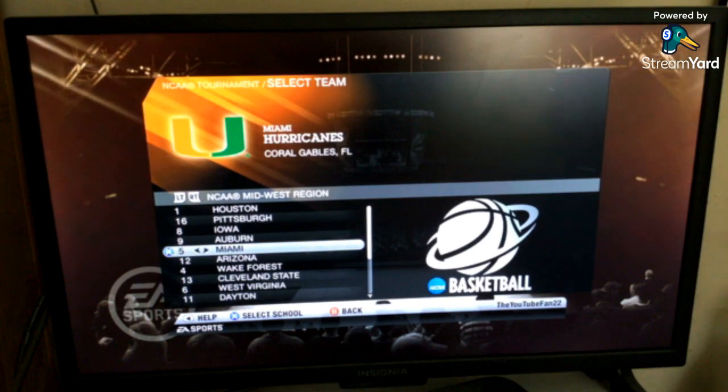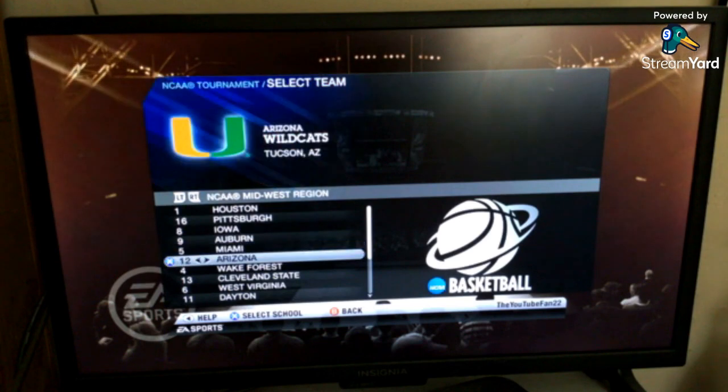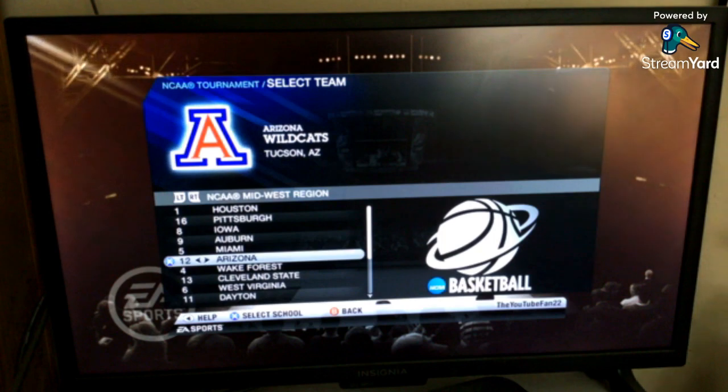Next up is the 12th seed, which is Drake University.